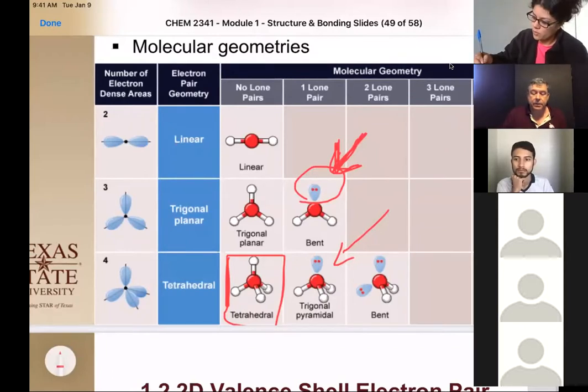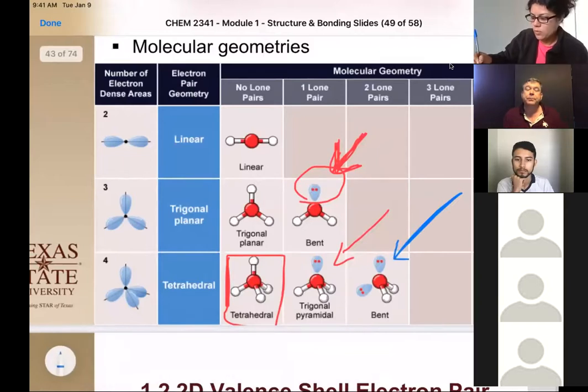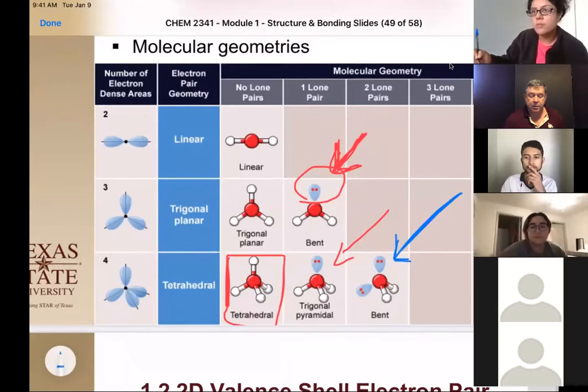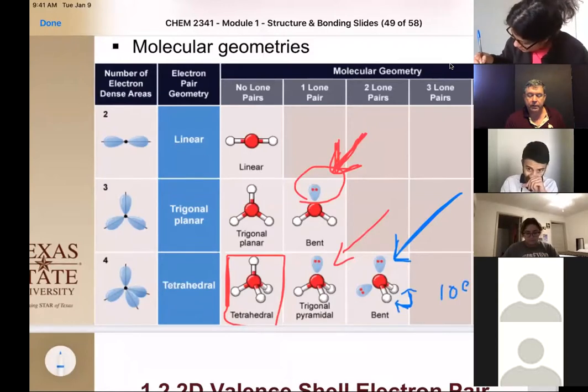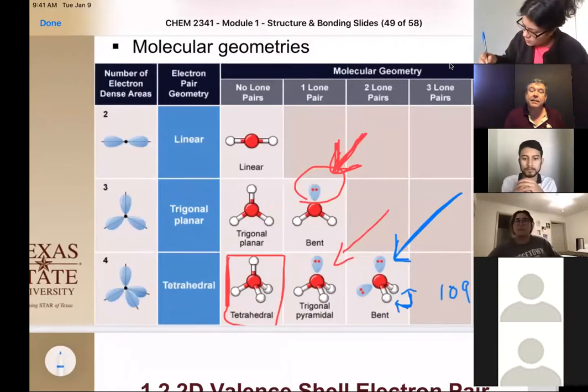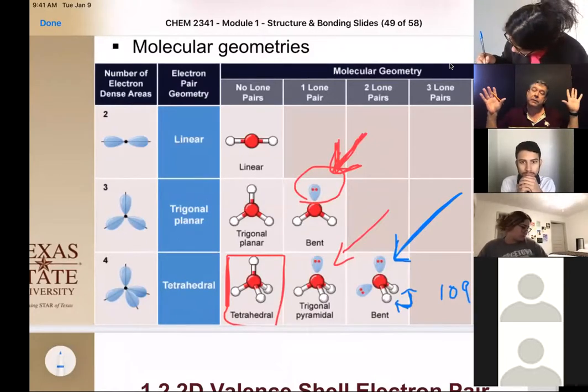Now this last one here is what we see for water, okay? In water, we have a total of four electronic domains. Two of them are taken up by lone pairs, and two of them are taken up by hydrogen atoms. So in that case, we also see a bent configuration, but the angle between these two atoms is trying to be 109.5 degrees. It's not exactly 109 degrees because those lone pairs take a little more space, okay?